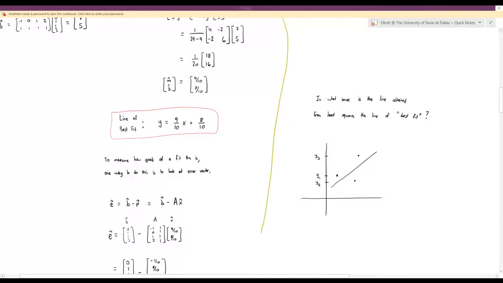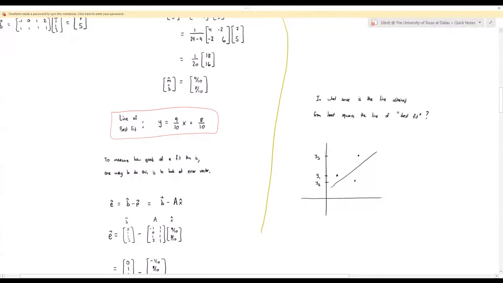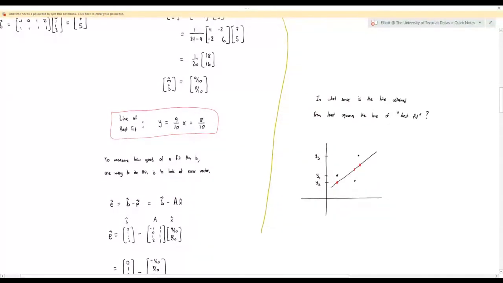Here, let me mark these 3 corresponding points on this line. Let's say for this first point that its y coordinate is y1 hat.